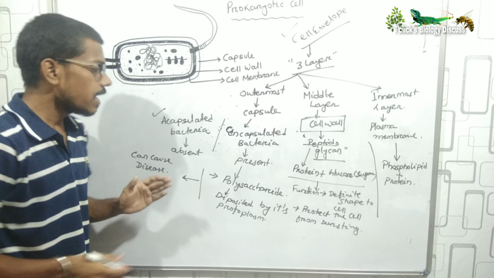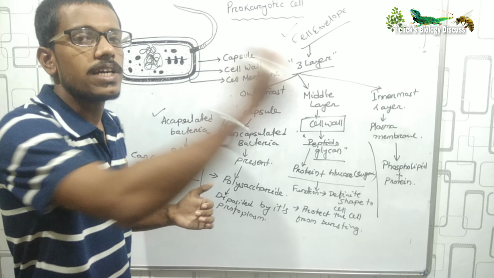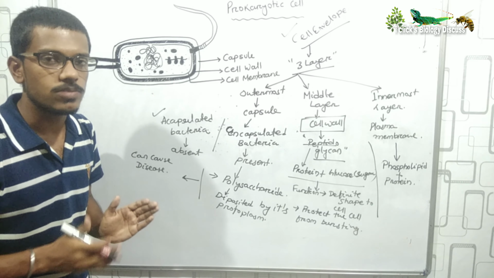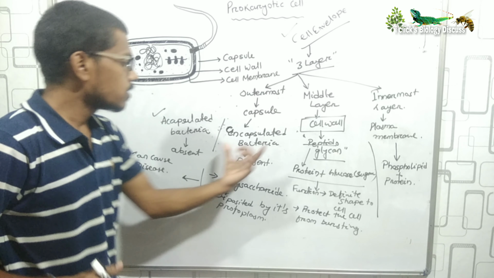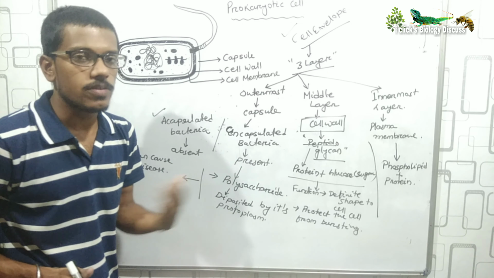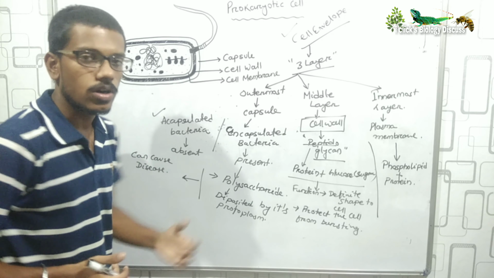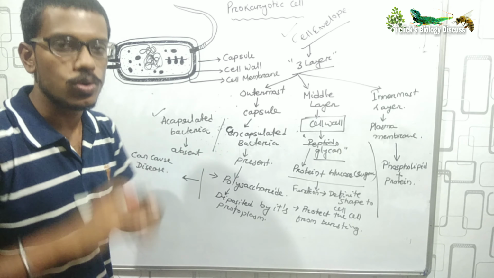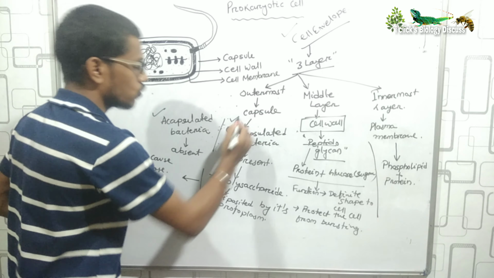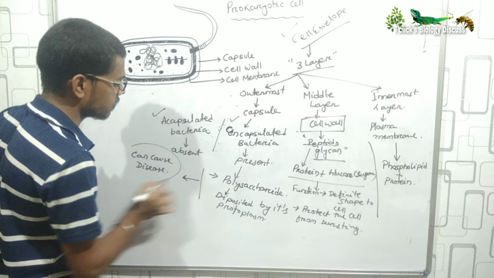If the encapsulated bacterium enters the host, the host's defense mechanism cannot easily destroy it. This is quite a harder job for the host, and the bacterium can cause disease inside the body.